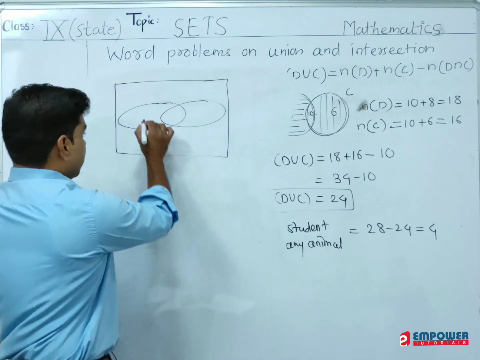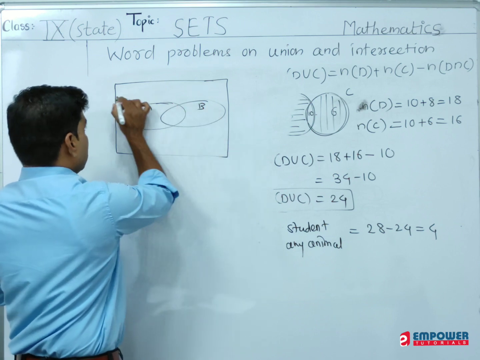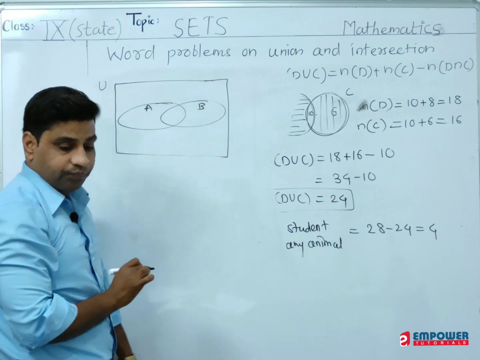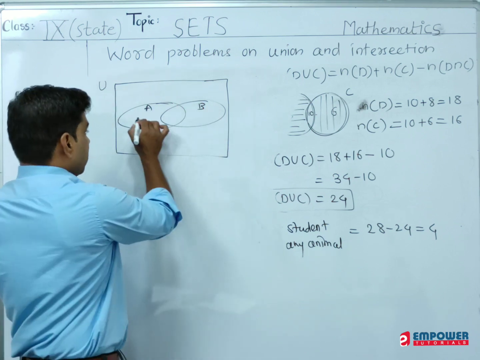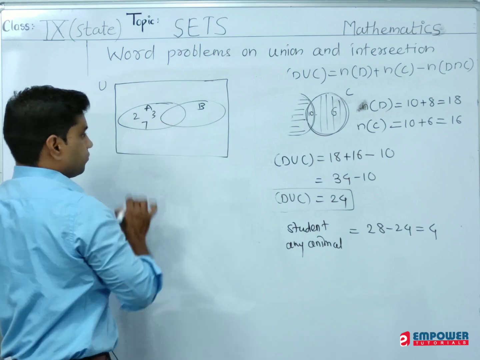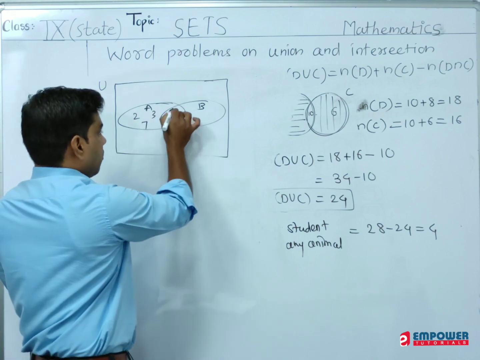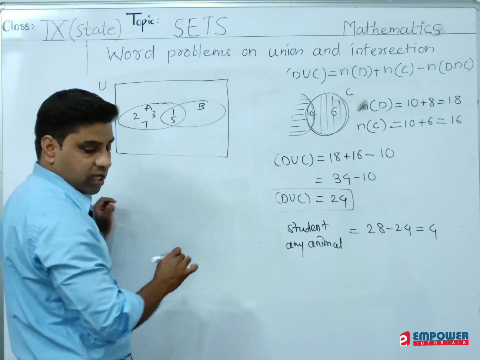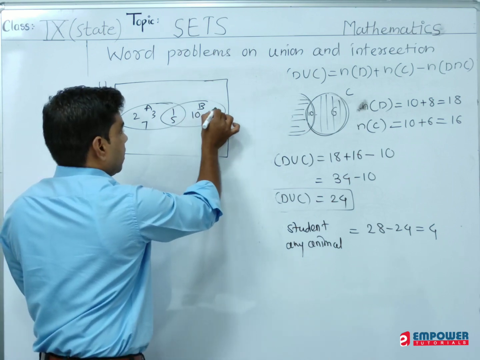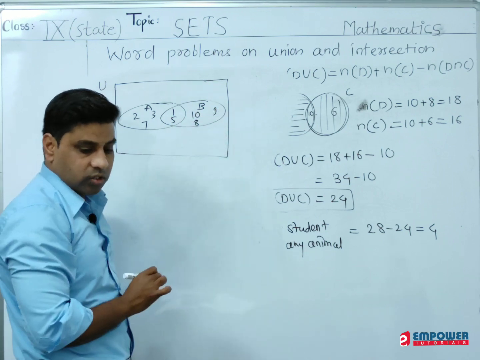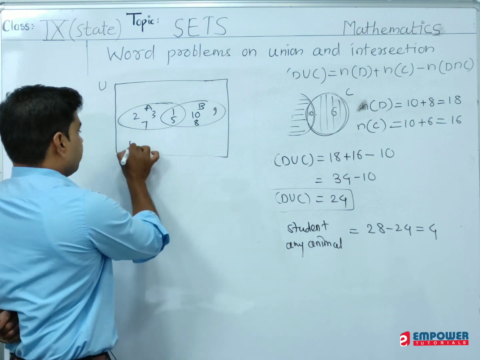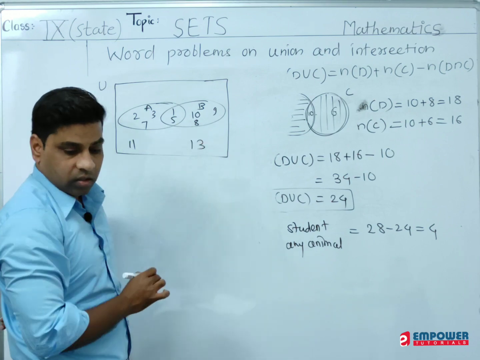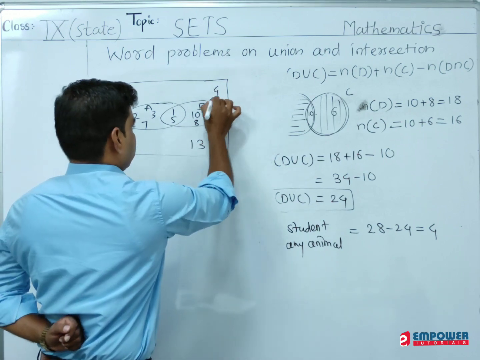They are labeled A, B, and I think this is U. In A there are 2, 3, 7 numbers. Common there are 1 and 5. In B there are 10, 9, 8, and outside there are 11, 13 and 4.